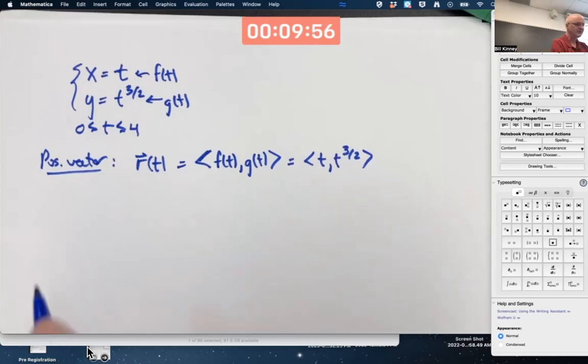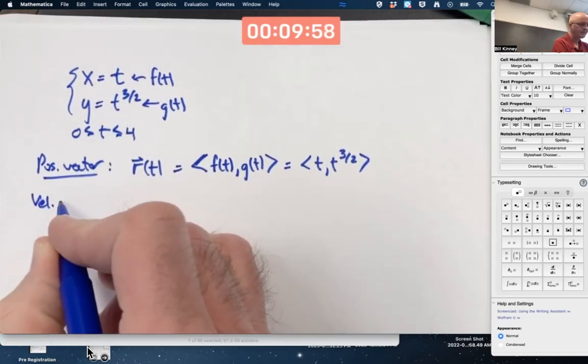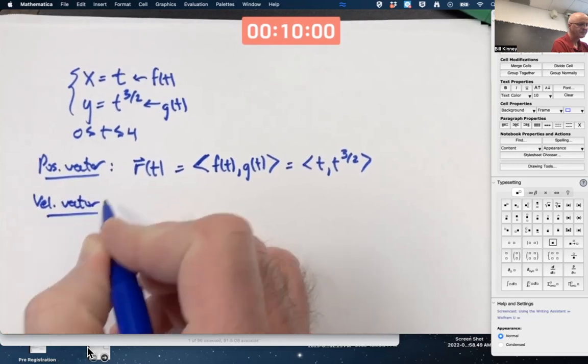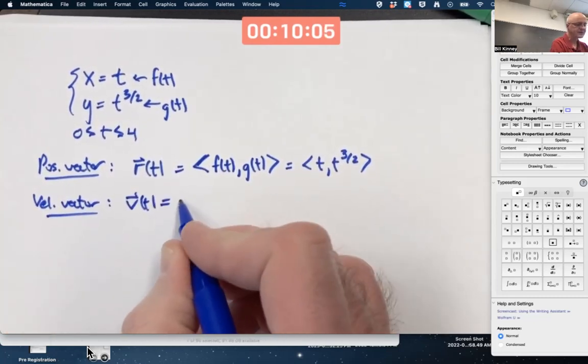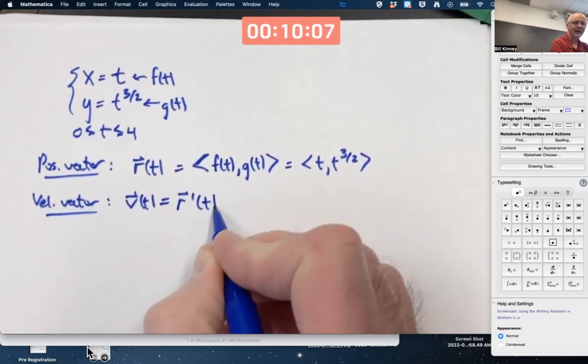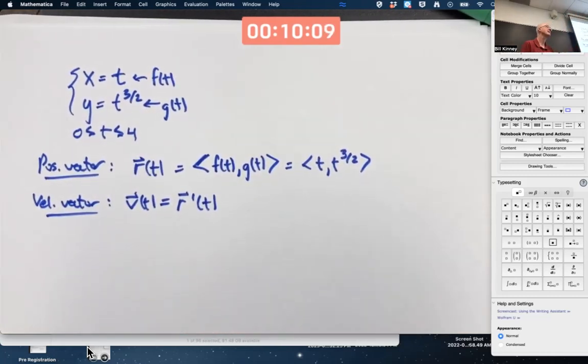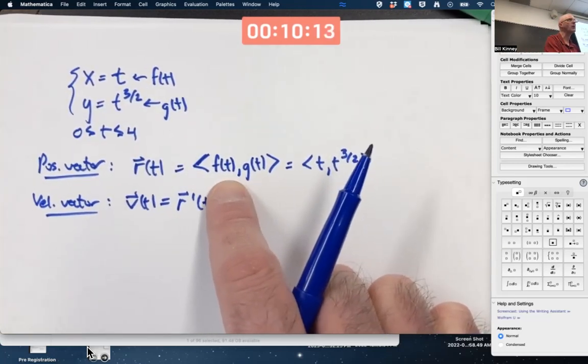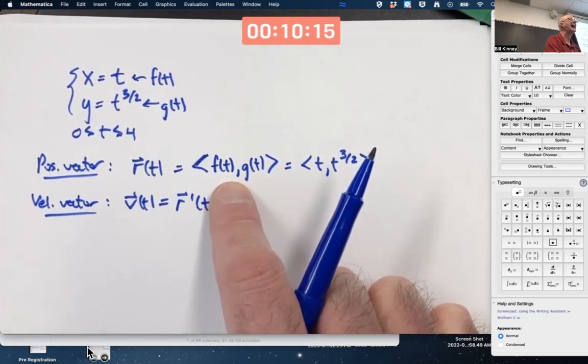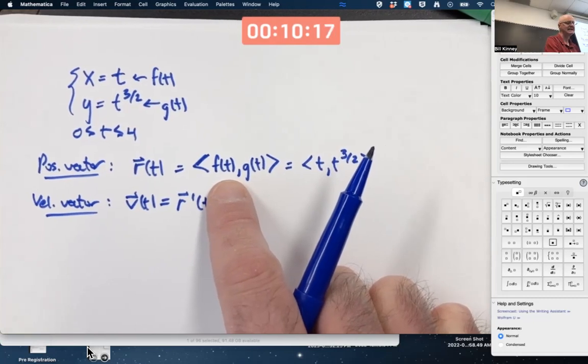The velocity vector v of t is the derivative of the position vector. And how do you find the derivative of a vector? You differentiate each of its so-called components, or coordinates. I like saying components.